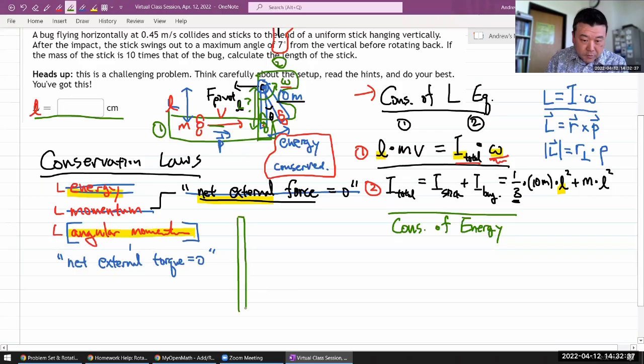But as I'm considering this portion, with the bug at the end, the whole thing is swinging up at angular velocity omega. This will come to a stop at the highest position it'll attain, and the bug will still be stuck there, and I'm given this angle theta, and here omega will be 0.